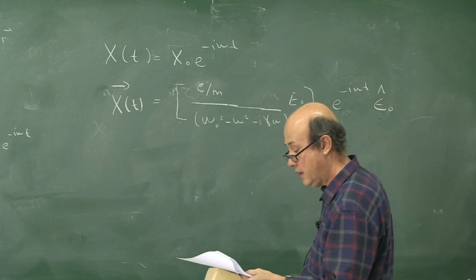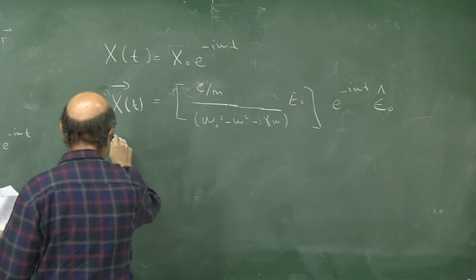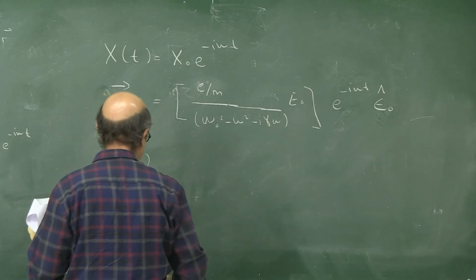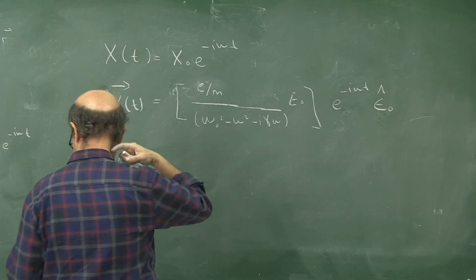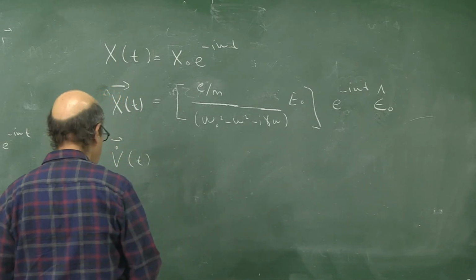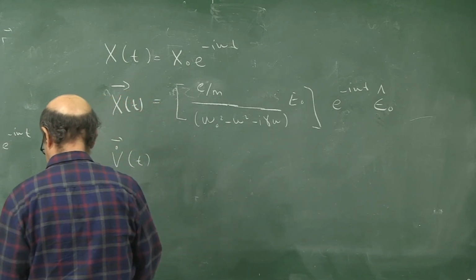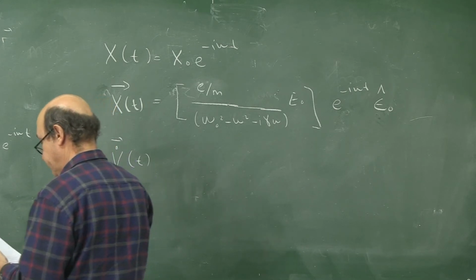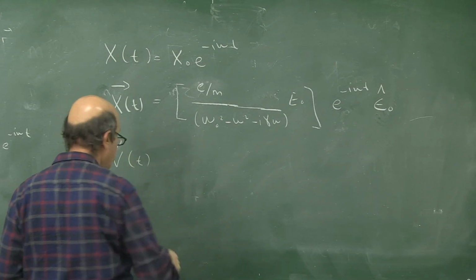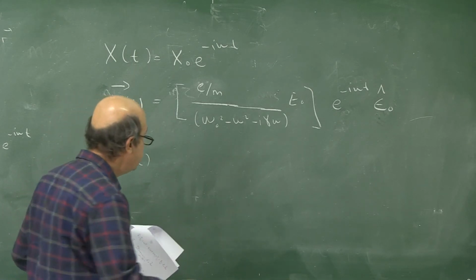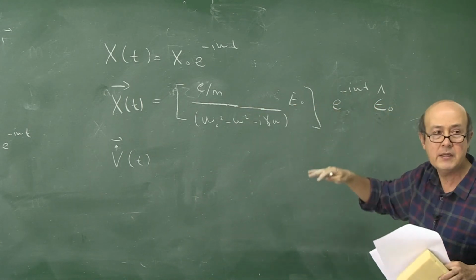Then you can take the derivative of this. If you take the derivative of this, you will obtain the velocity. If you take one more derivative, you will obtain the acceleration. If you take the double derivative of this, this brings down two times minus i omega.